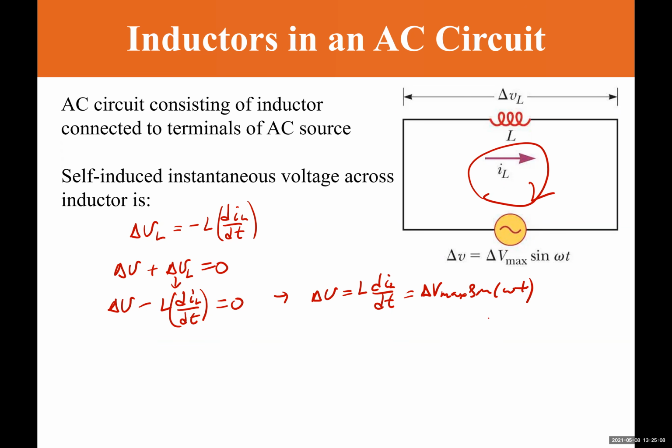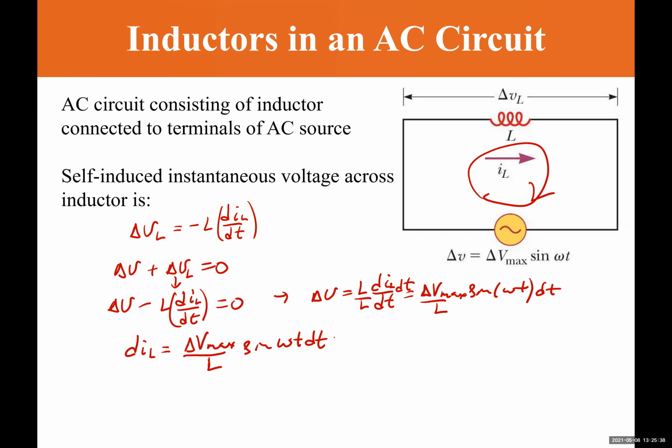Then if I divide both sides by L and multiply by dt, what I get is dI_L equals delta V max over L, then sine of omega t dt.